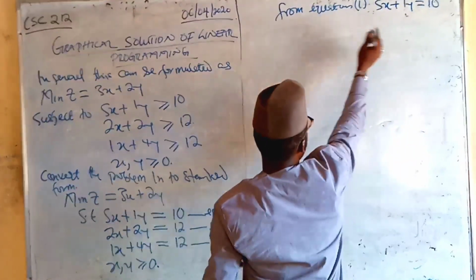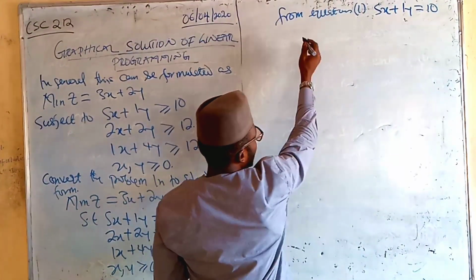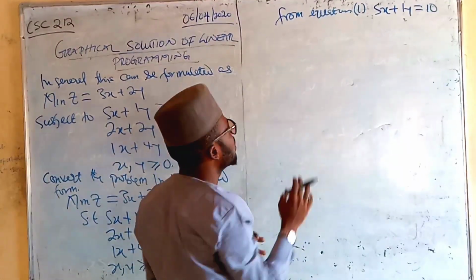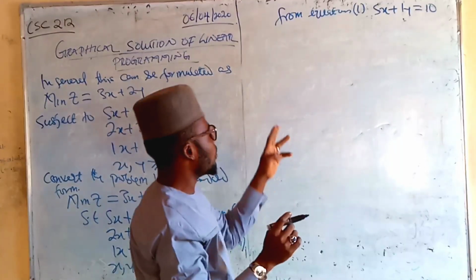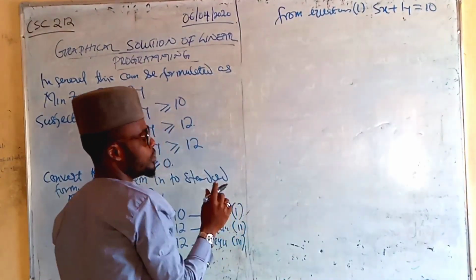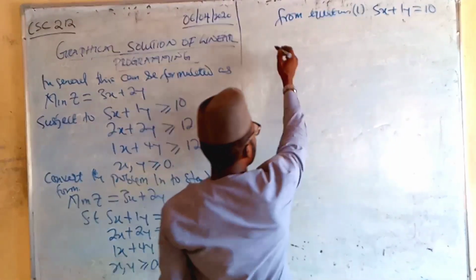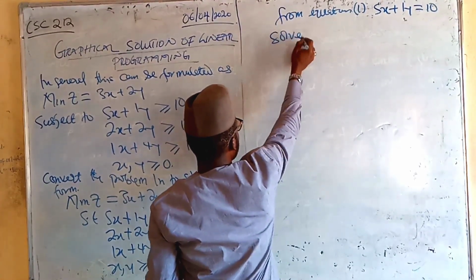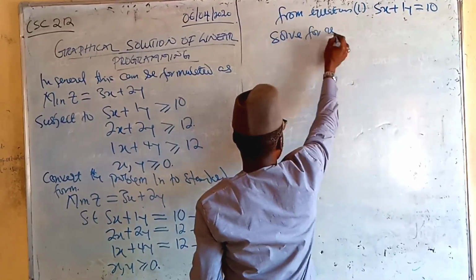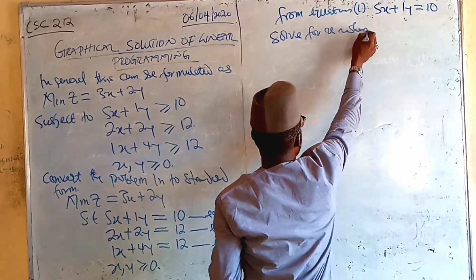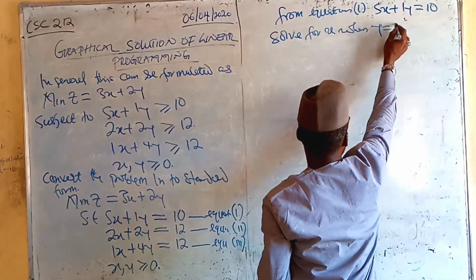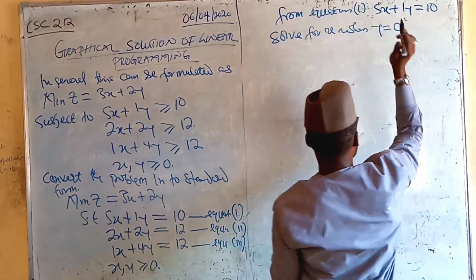So now, we are going to solve for x when y is equals to 0. That means we are going to make x the subject of the formula. So, solve for x when y is equals to 0 in equation 1.